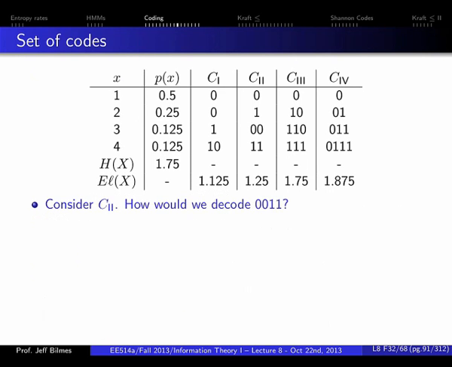So how about code 2? How do we decode 0011? Every code word is unique, right? But it's not self-punctuated. It doesn't seem to have the self-punctuation property. If we had a comma between every code word, then we could do it, right?